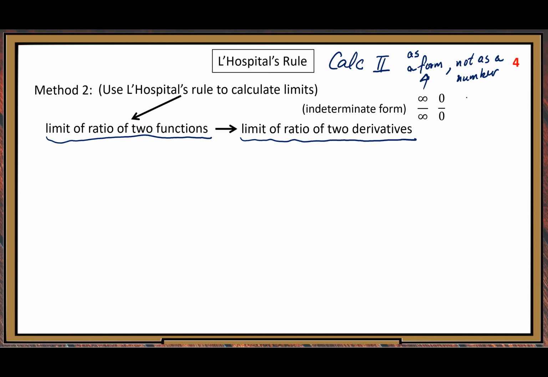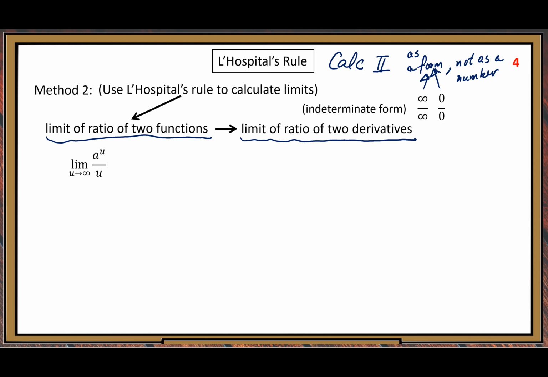But if we understand it as a form, it makes sense. That means the numerator function approaches 0 when n approaches a certain number, and similarly for the denominator function. Here, let us consider an example.